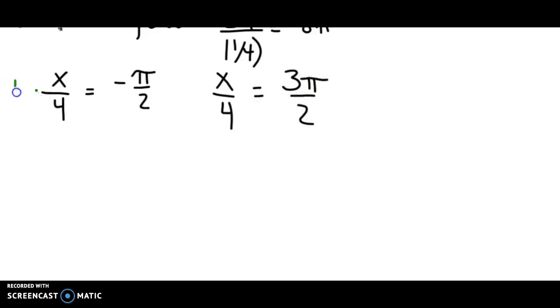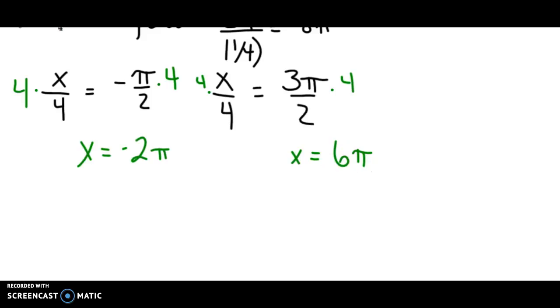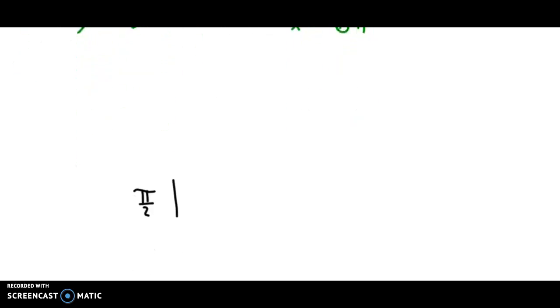So I solve for x on both sides, multiply by 4, and I get x equals negative 2 pi. And over here I multiply by 4, and I find that x is equal to a positive 6 pi. And so you'll notice that obviously the period is 8 pi, because from negative 2 pi to 6 pi is 8 pi. So let's make a table of values here.